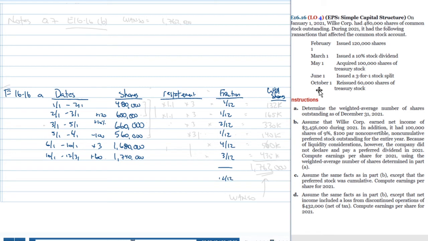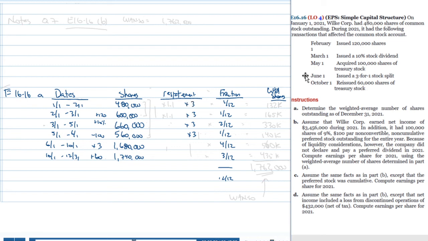So let's look at restatement. If you look at our two restatement events, everything that we have prior to June 1st has to be restated by 3, because everything prior to June 1st was subject to the 3-for-1 stock split.